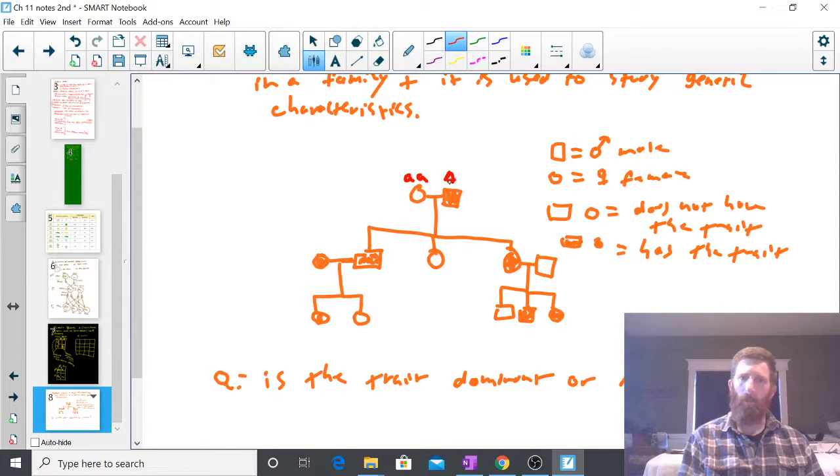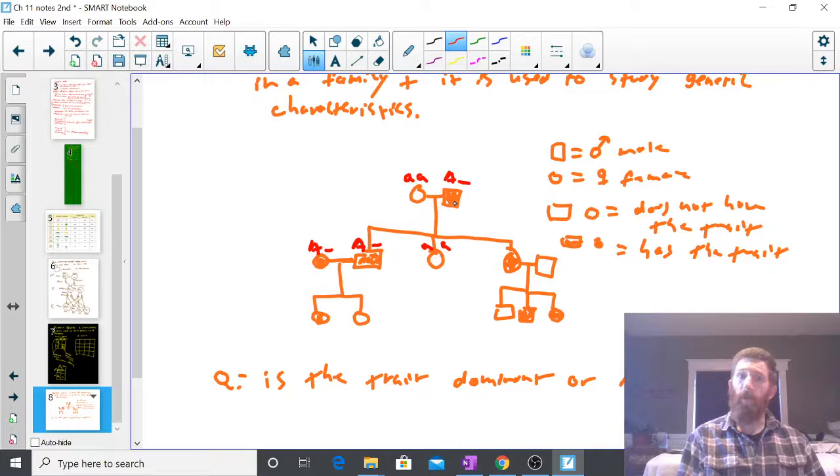Here we have a big A, and then I'm just going to leave a blank right here because it could be a big A, it could be a small a. It really doesn't matter, right? What they have. And then the son has the trait, so it has a big A blank. His wife has the trait, so big A blank. And then the original couple's daughter does not have the trait, so that's little a, little a.